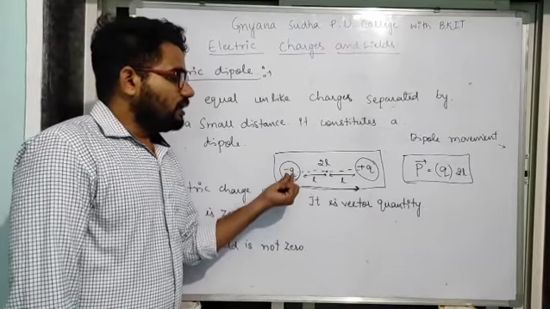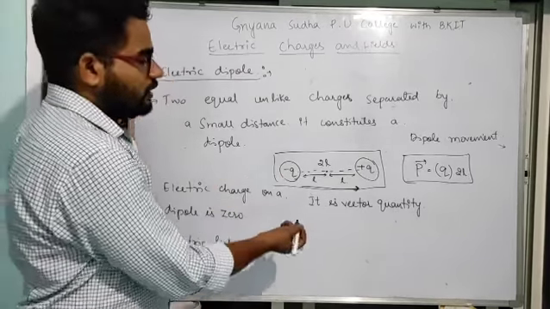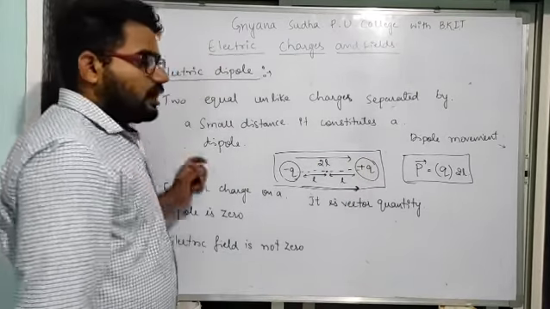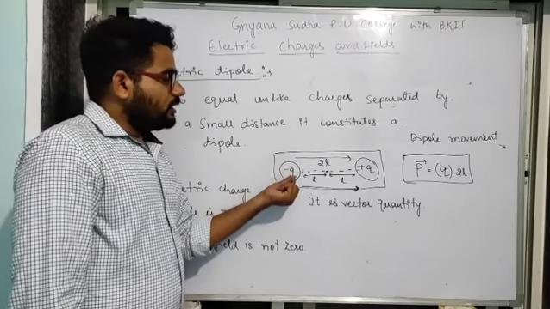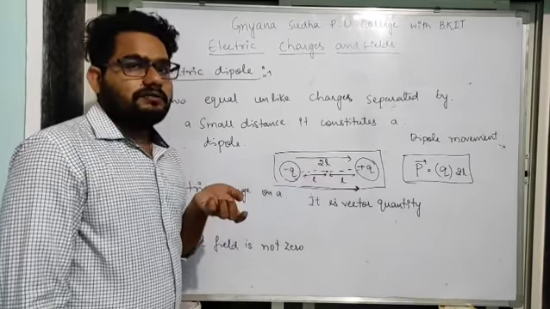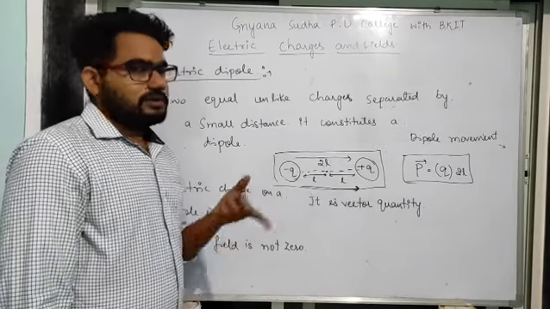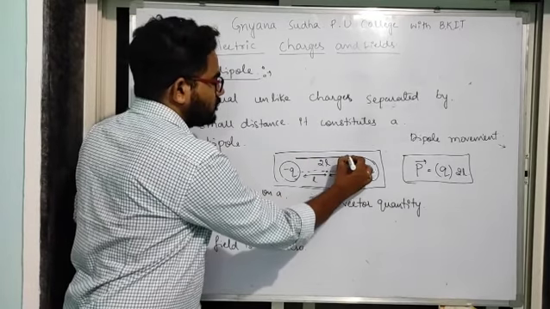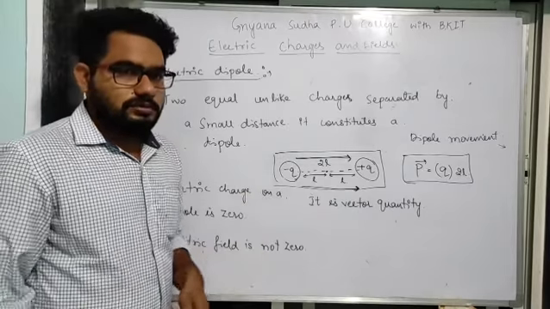It will pull the negative charge towards it. So that's why the direction of the dipole moment will be towards the positive charge. कैसे रहेगा इसका डायरेक्शन? फ्रॉम नेगेटिव चार्ज टू पॉजिटिव चार्ज.